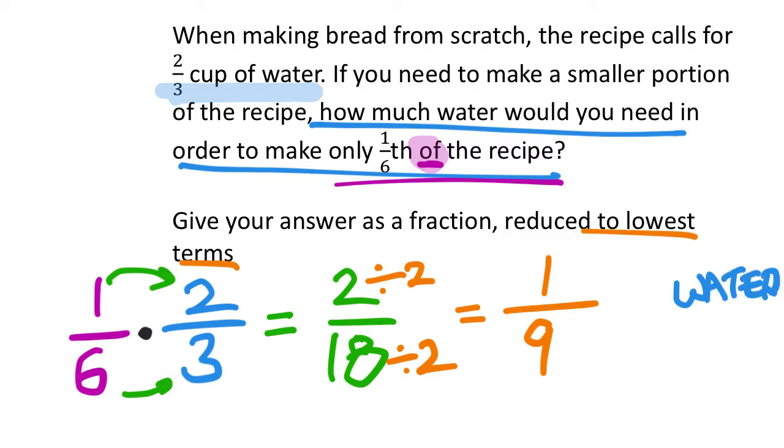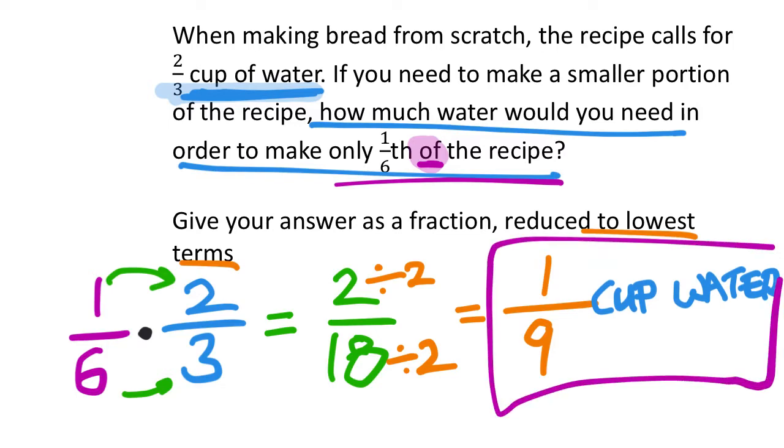Yeah, it was in cups of water. Not that I know what a ninth of a cup looks like, but it's a ninth cup of water that would be for this recipe if it was cut down from 2/3 into 1/6 of that. Okay.